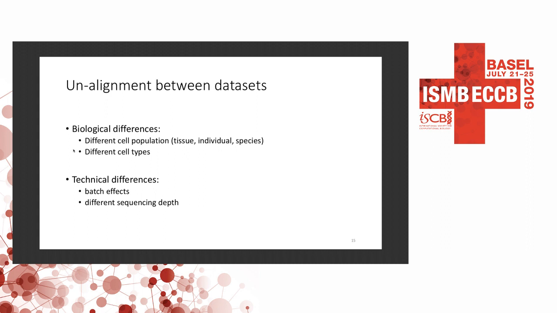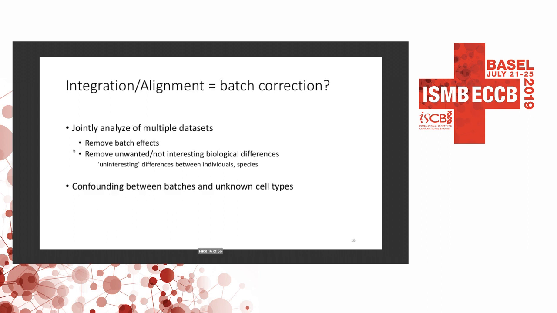And also, maybe one data set has a very deep sequencing depth and the other one is very shallow. So for one data set, you will see 99% of the entries at 0, and for the other data set, say 50% of the entries at 0. This is just due to different sequencing depths, and that's also something that you're not interested in. That's for different data sets.